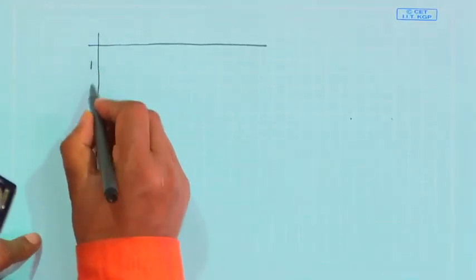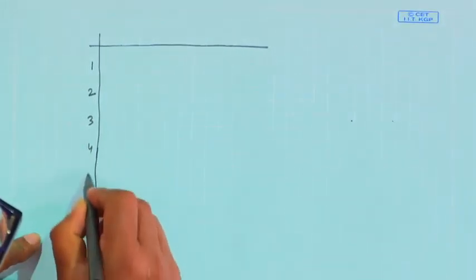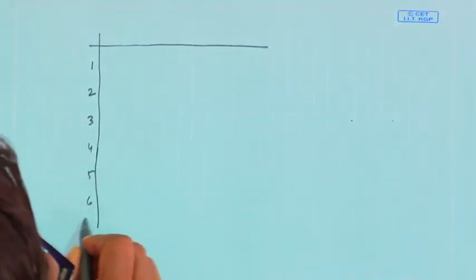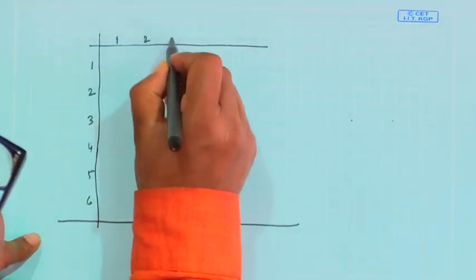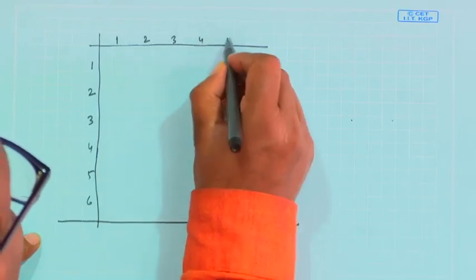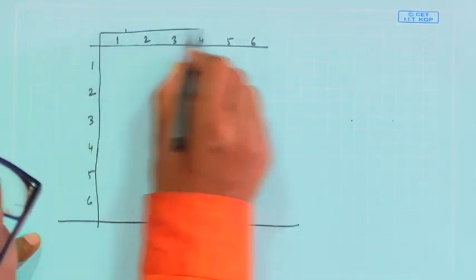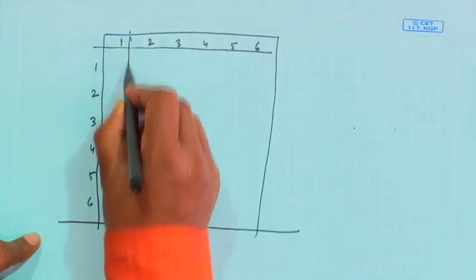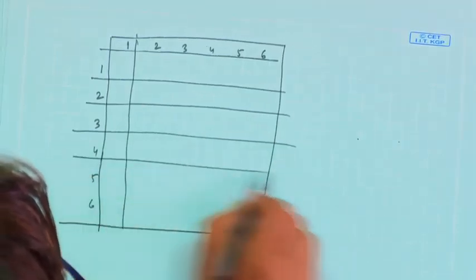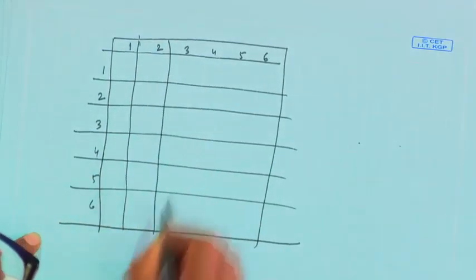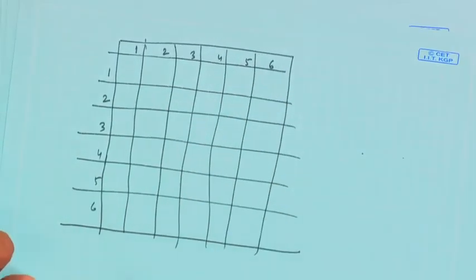So, row 1, 2, 3, 4, 5, 6, and here it is 1, 2, 3, 4, 5, 6. So, you have a 6 by 6 Latin square.